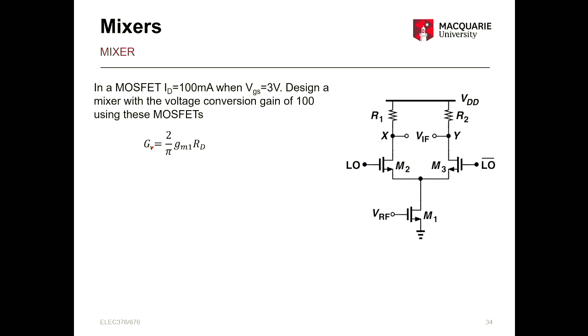Design means you just need to find the two resistor values, R1 and R2. What can you tell me about R1 and R2? Even before starting they should be the same, right?